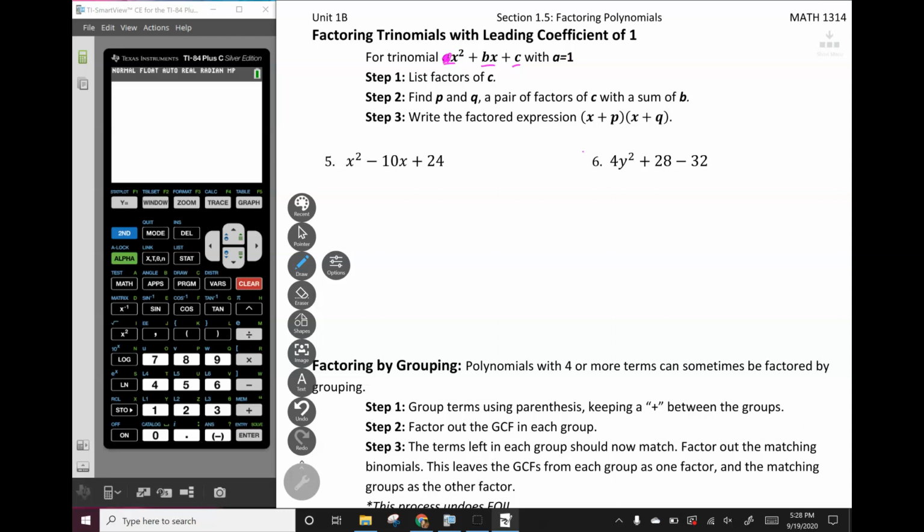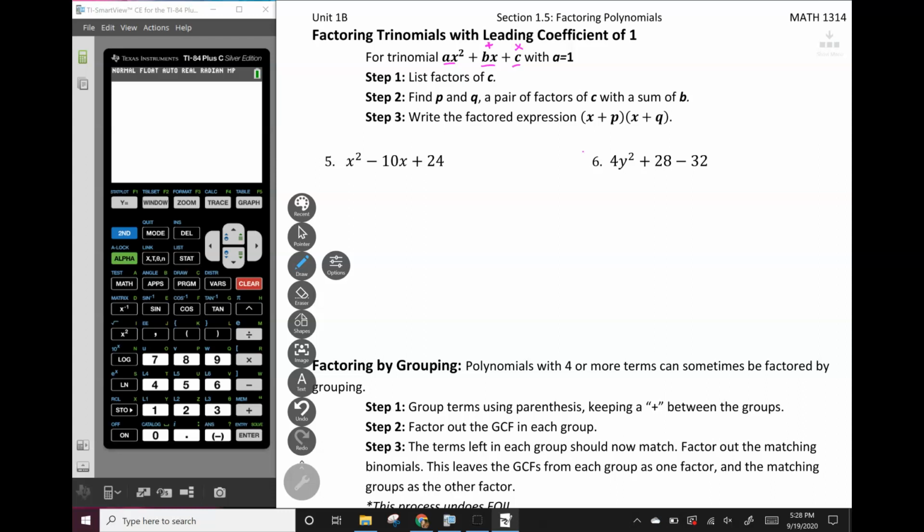List factors of c first. So just to remind you, because you have seen this before, the process is you are looking for two numbers that multiply to give you c and add to give you b.